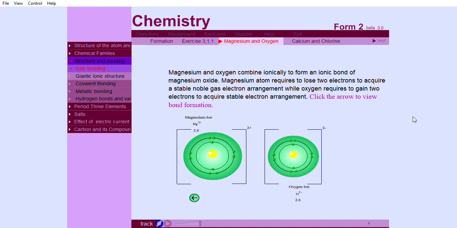The 2 ions have opposite charges, therefore they attract each other, forming an ionic bond.